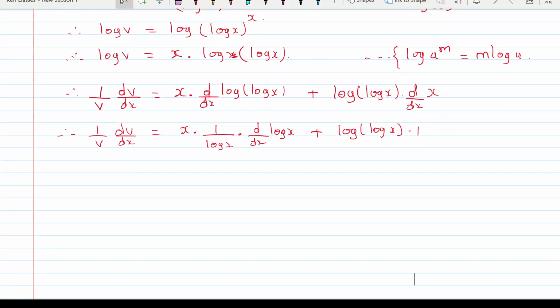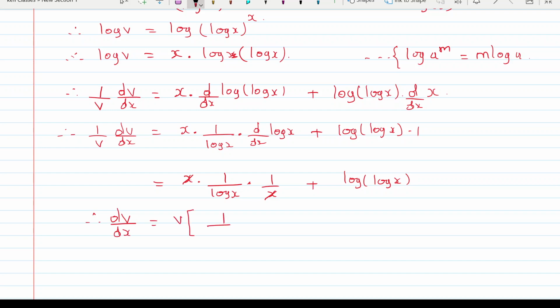The chances of going wrong in it are low. x into 1 upon log x into d by dx of log x is 1 by x, plus log of log x. So this x and x cancel, and therefore dv by dx is equal to v into 1 upon log x plus log of log x.